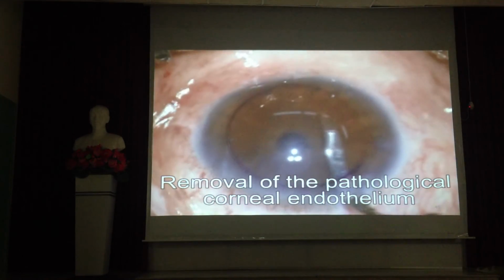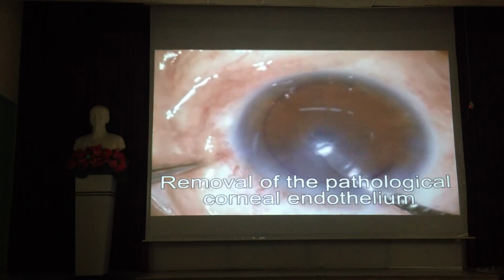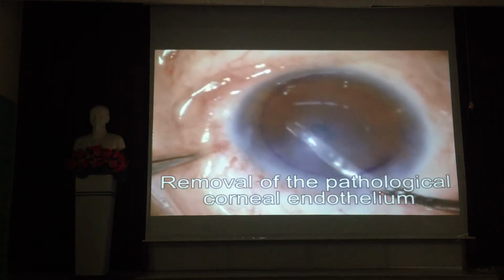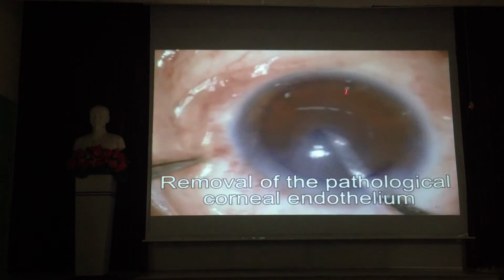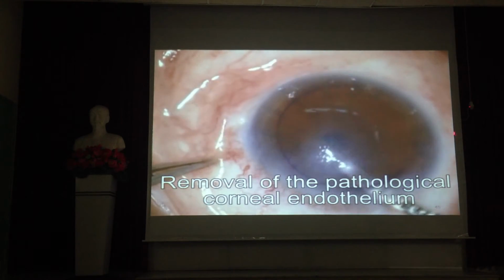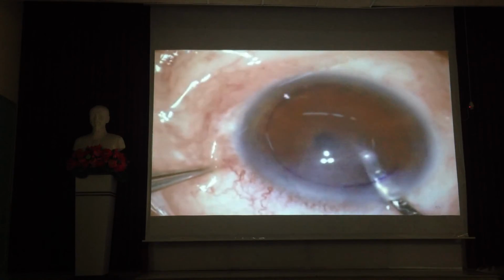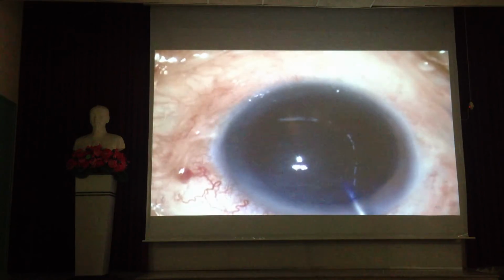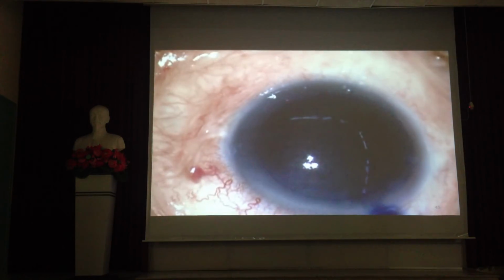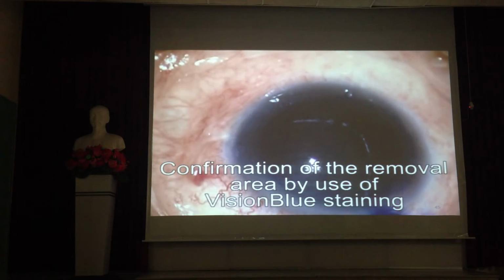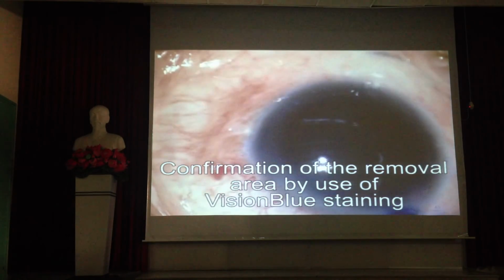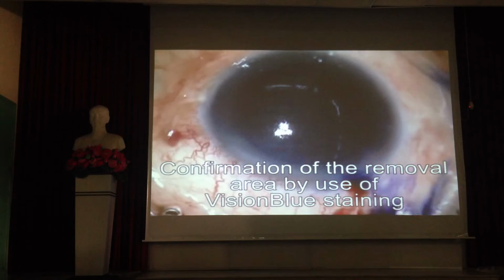We try to keep the Descemet membrane in the eye. This is the silicone. So scratch the Descemet membrane, and you can see where I actually removed it, by the staining.